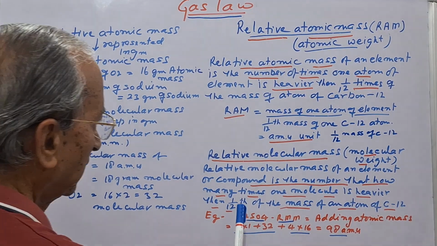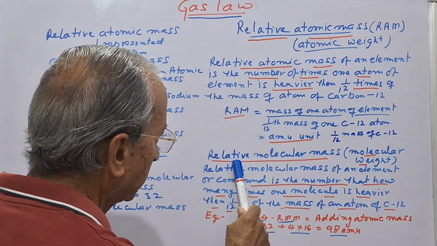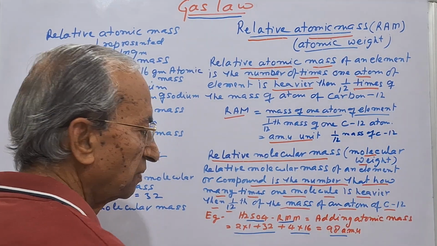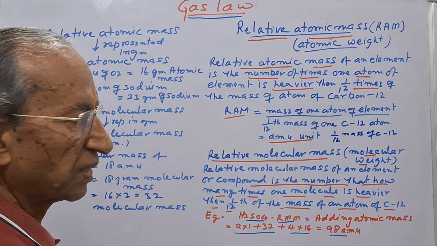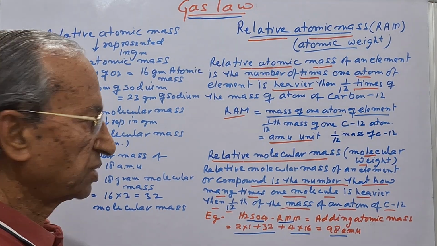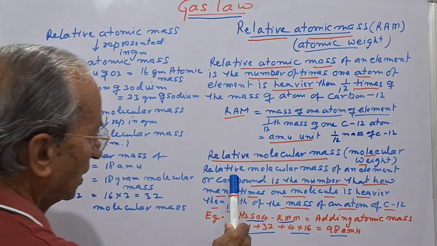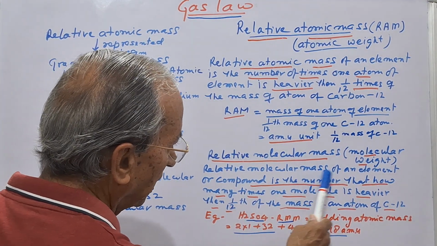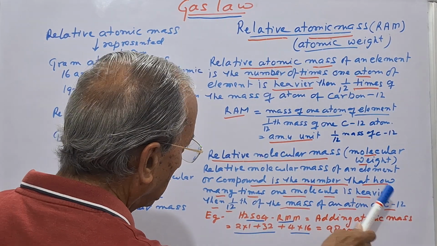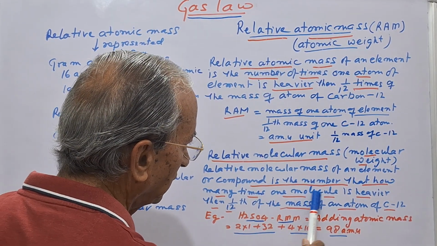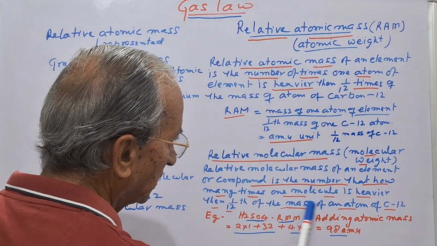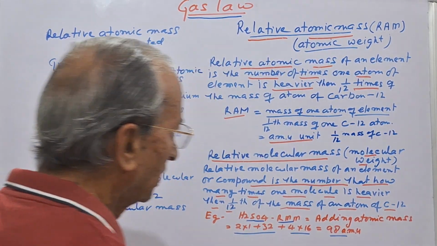In the same way, relative molecular mass means molecular weight, and you know all the gases and compounds are molecules. Relative molecular mass of an element or compound is the number of times one molecule is heavier than 1 upon 12 of the mass of an atom of carbon 12.